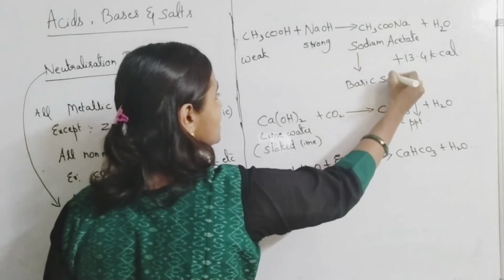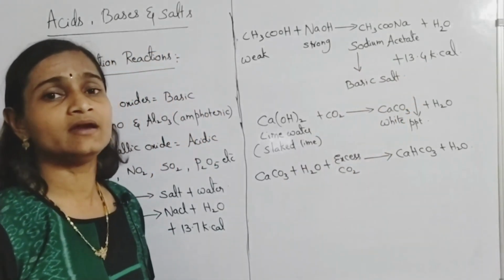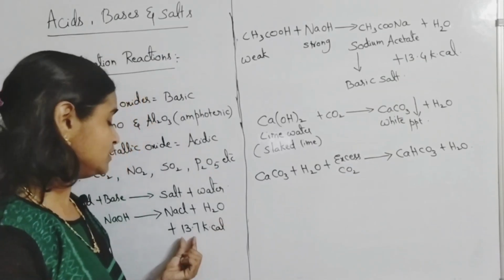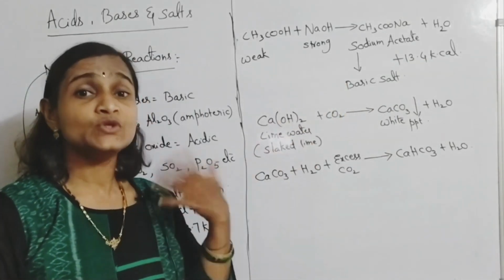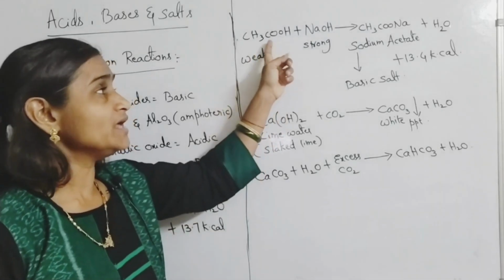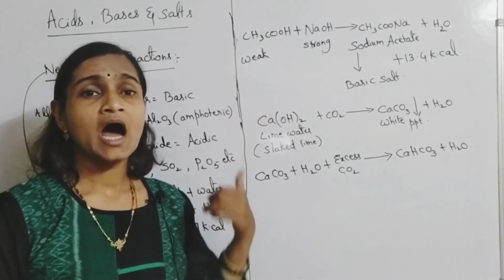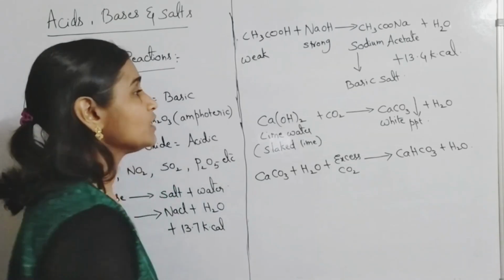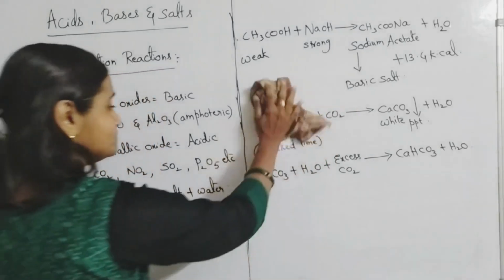Here only 13.4 kilocalories is liberated, and the remaining difference of 0.3 kilocalories of heat is used up in ionizing that weak acid. So like this, you have an example of neutralization reactions.